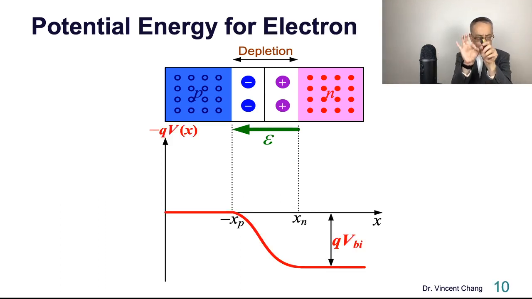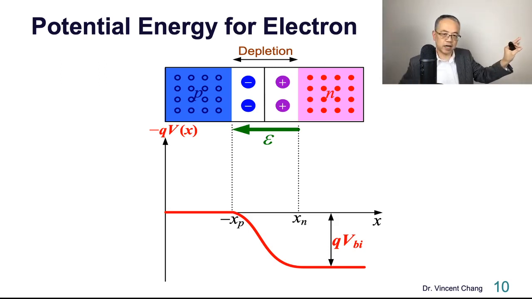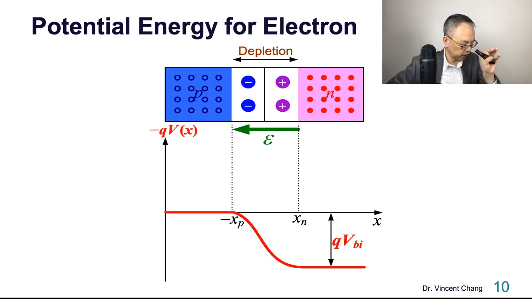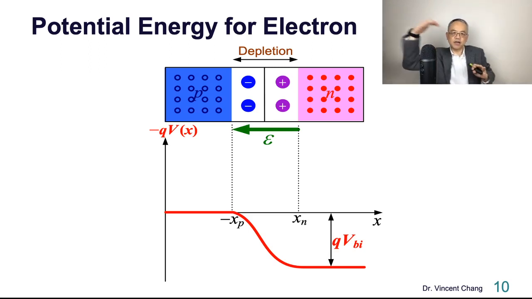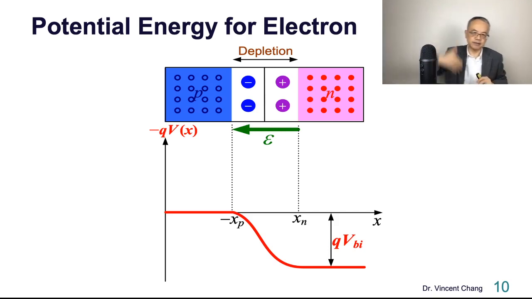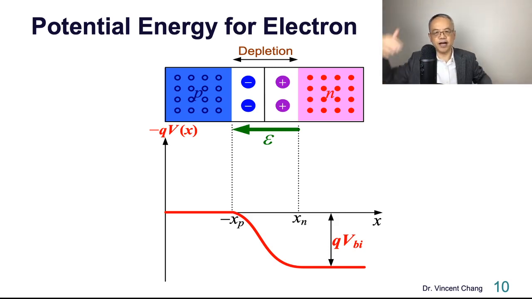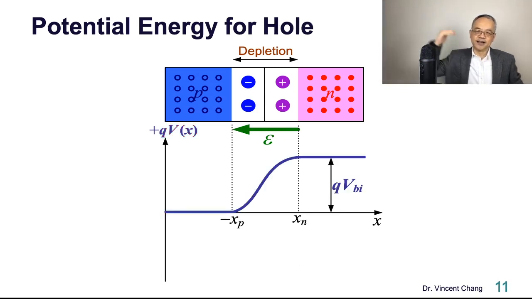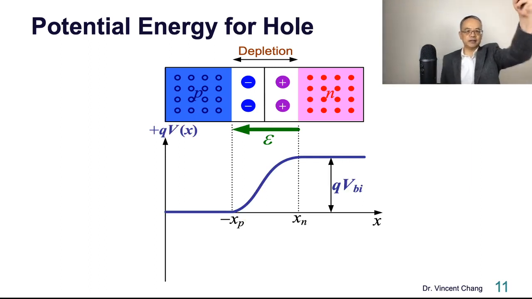But from the electron's perspective, that's different. If you live on the right-hand side, then from the electron's point of view, this is the electron's valley. And on the left-hand side is the electron's mountain. Mountain and valley, and valley and mountain.